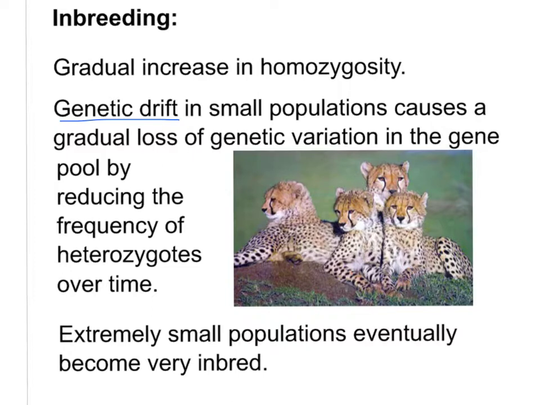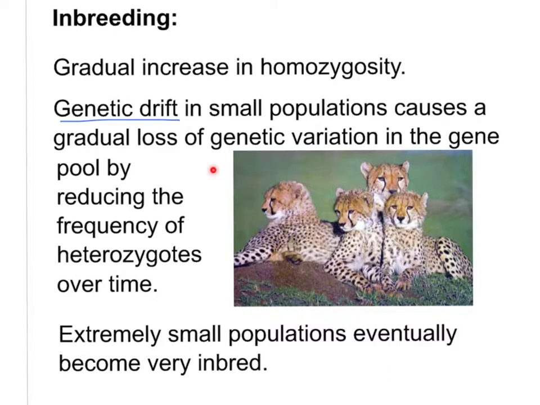Cheetahs are an example of this problem because their numbers are so small. We actually see a huge amount of inbreeding, and you've heard that word, right? Inbreeding. Well, cheetahs are very inbred. Extremely small populations eventually become very inbred, and unfortunately the cheetah populations are so small that there is a huge inbreeding problem there.